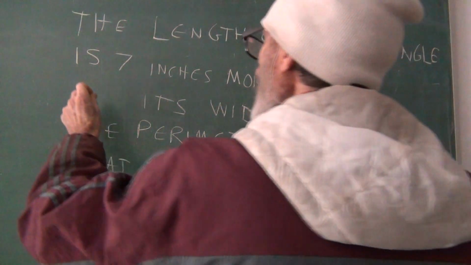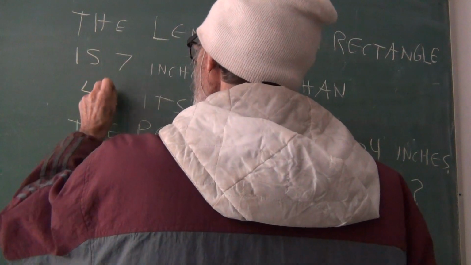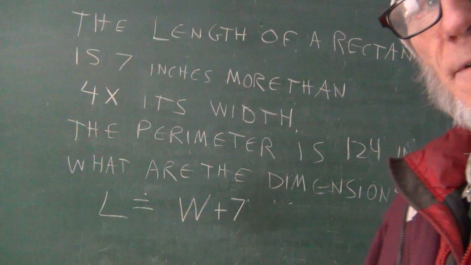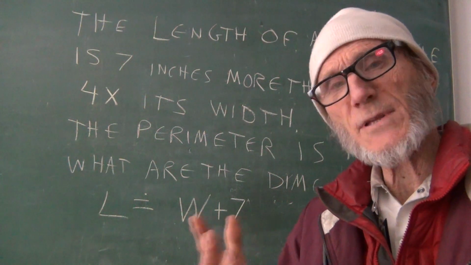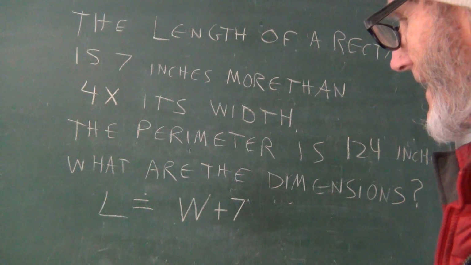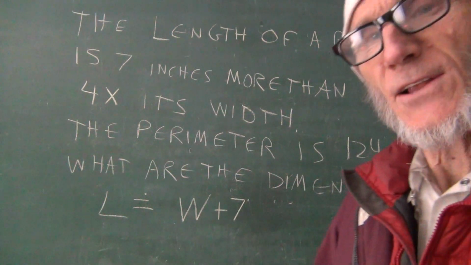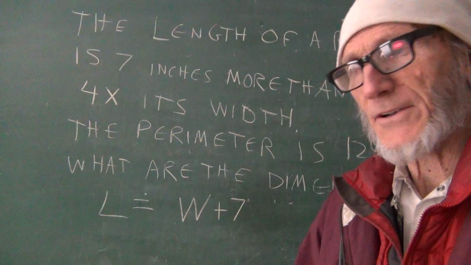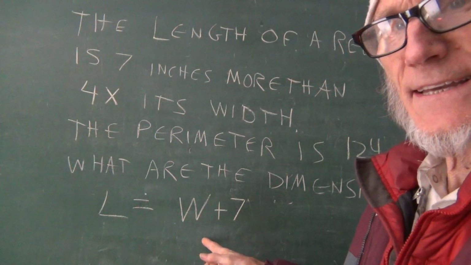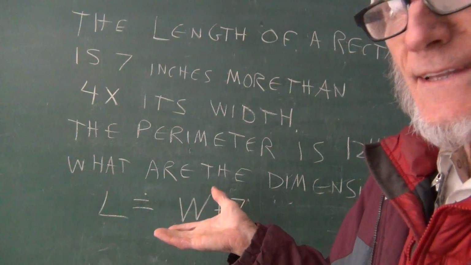Okay, but now we go back to what it really said, which is 4 times its width. So now we've got to figure out which side is multiplied by 4. Well, if you think about it, which one's longer? The length is longer. So we'd have to multiply the shorter side to have it get up to the length.